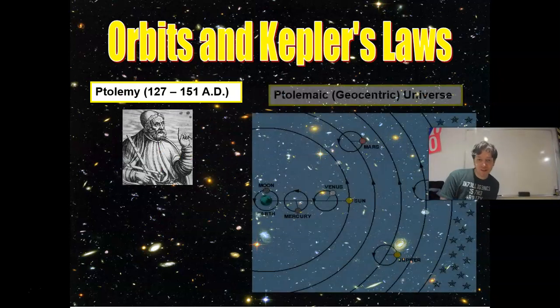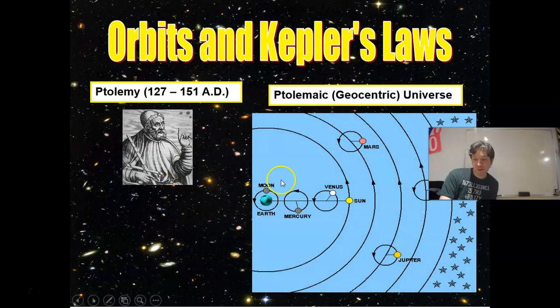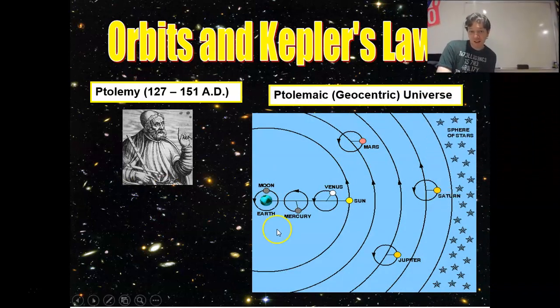So we all started with, you probably know this already, Ptolemy, who said that the Earth is in the center. It was an incorrect assumption, but looking at the model he created, it's actually quite impressive. You have the moon orbiting the Earth, the sun orbits the Earth.